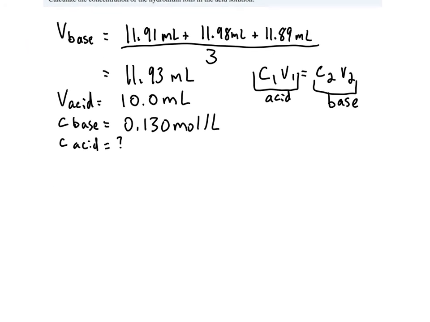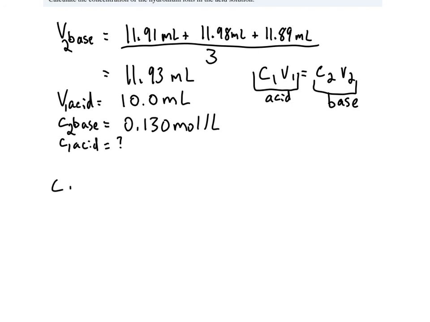We have our definition of variables up here: the volume of our base, which is V2, is equal to 11.93 milliliters. The volume of our acid, which is V1, is going to equal 10.0 milliliters. The concentration of our base, which is C2, is going to equal 0.130 moles per liter, and the concentration of our acid is our unknown.